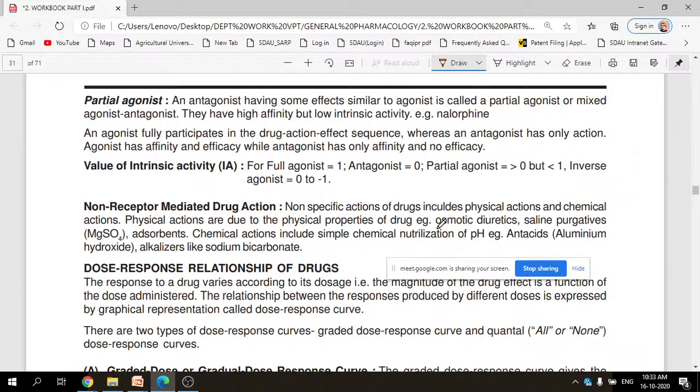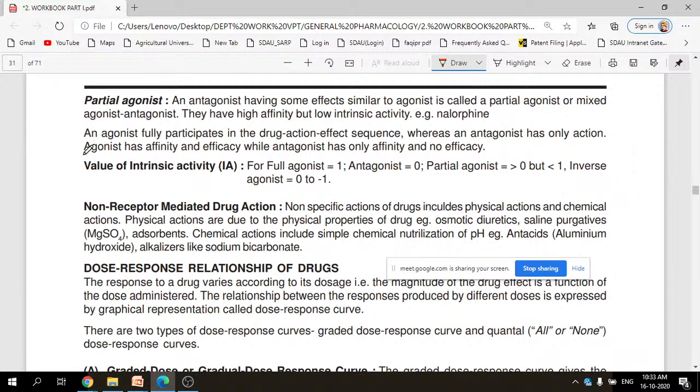So this is the difference between agonist and antagonist. Agonist combines with the receptor, stimulates it, and we see the pharmacological action. Antagonist combines with the receptor but is not able to produce the pharmacological action.